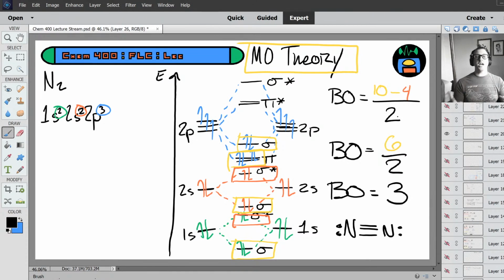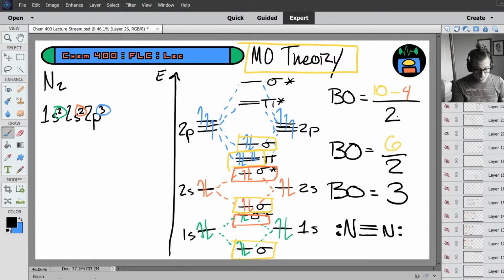Where it really shines is in the transition metals, in the D block. The reason why we never drew a Lewis structure for a metal is because Lewis theory does not explain the bonding or reactivity that we observe for transition metals. Molecular orbital theory does that in spades. We're not going to go there, though, because this is Gen Chem, and inorganic chemistry is an upper division course. So if you're interested and want to see more of that, head in that direction.